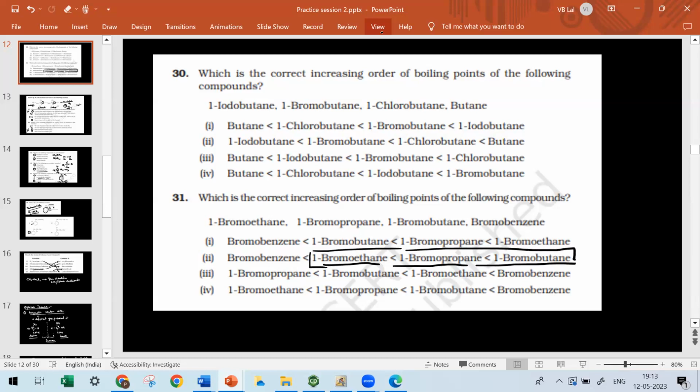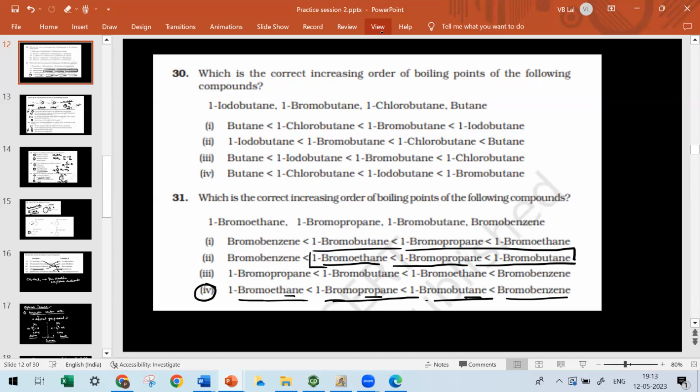But the bromobenzene will have the highest boiling point. As the number of carbon atoms increases, the intermolecular force of attraction increases. So 1 bromoethane, then 2 bromopropane, then you can see here there are 2, here there are 3, here there are 4, and here there are 6. As the number of carbon atoms increases, the boiling point increases. So answer is 4.